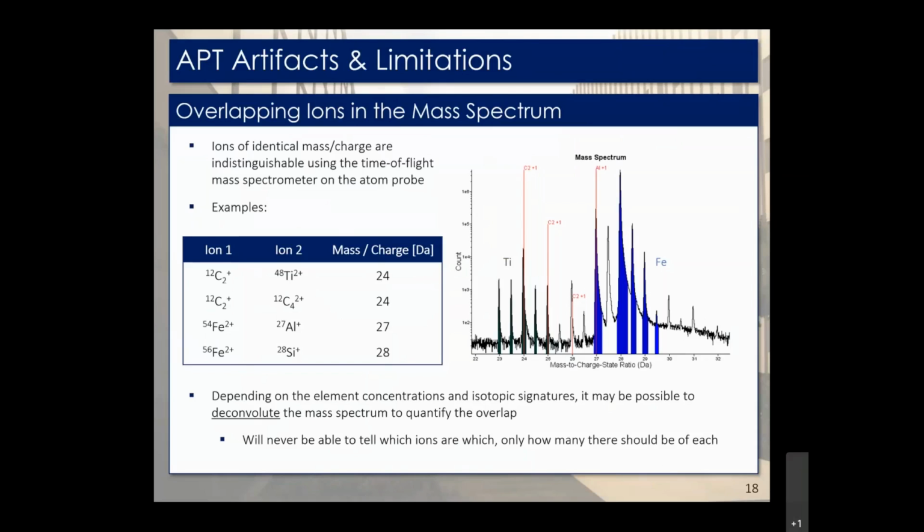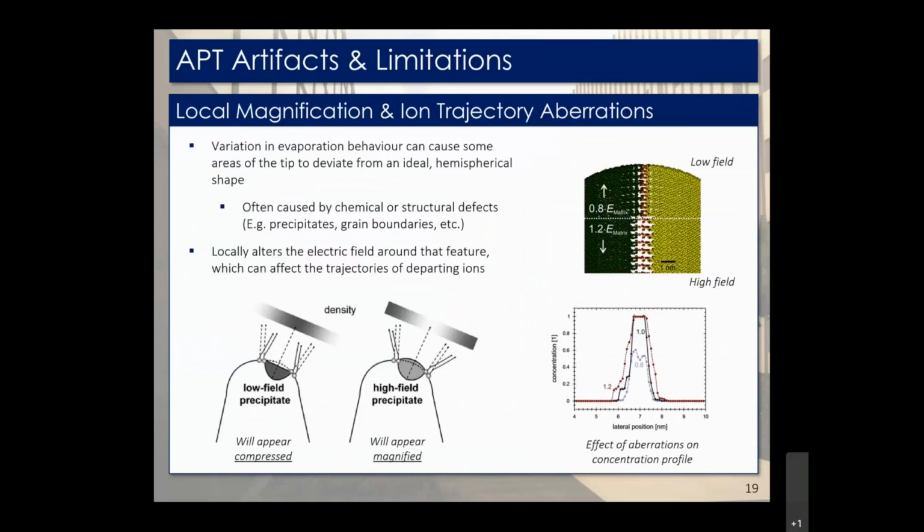Another common error that we can get in atom probe data is something known as local magnification or trajectory aberrations. These we get when we have variation in the evaporation behavior due to different materials that might evaporate more easily or with more difficulty than the surrounding material.